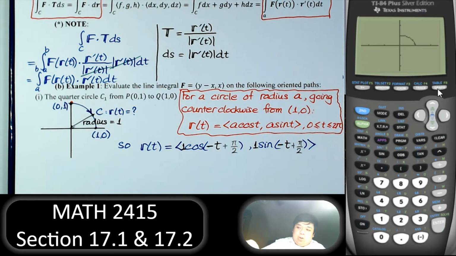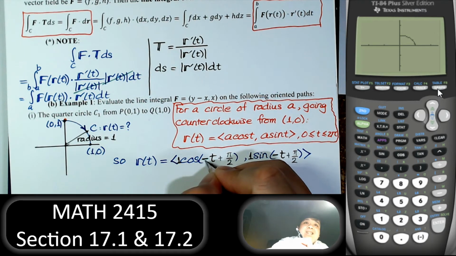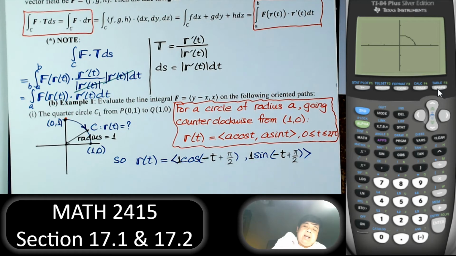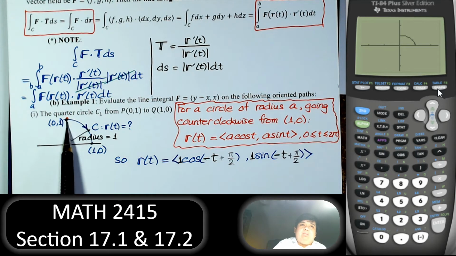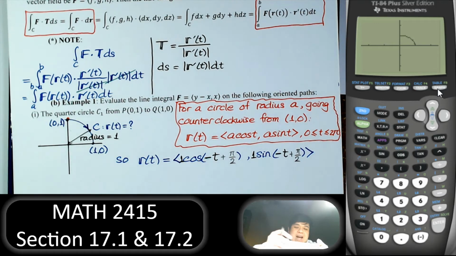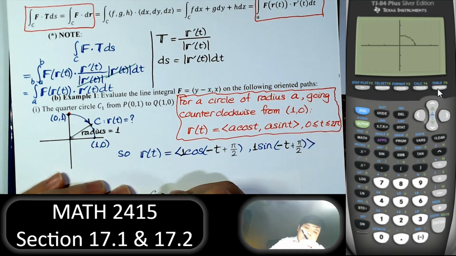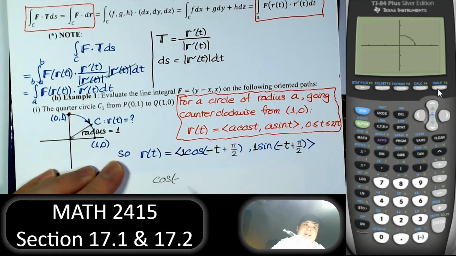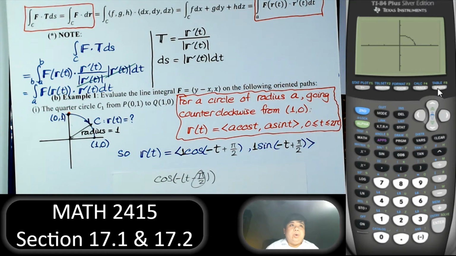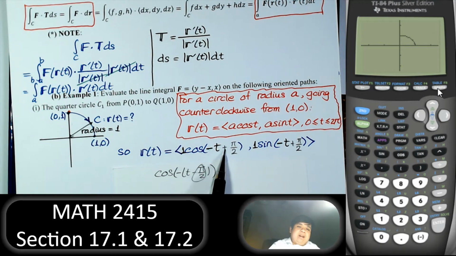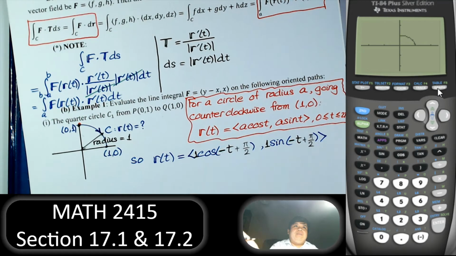This negative guarantees that it goes clockwise, and that plus pi over 2 is the starting phase. Originally you would say cosine of negative t minus pi over 2, so the phase shift starts at pi over 2. Negative and negative make it a plus. So that's what we have.